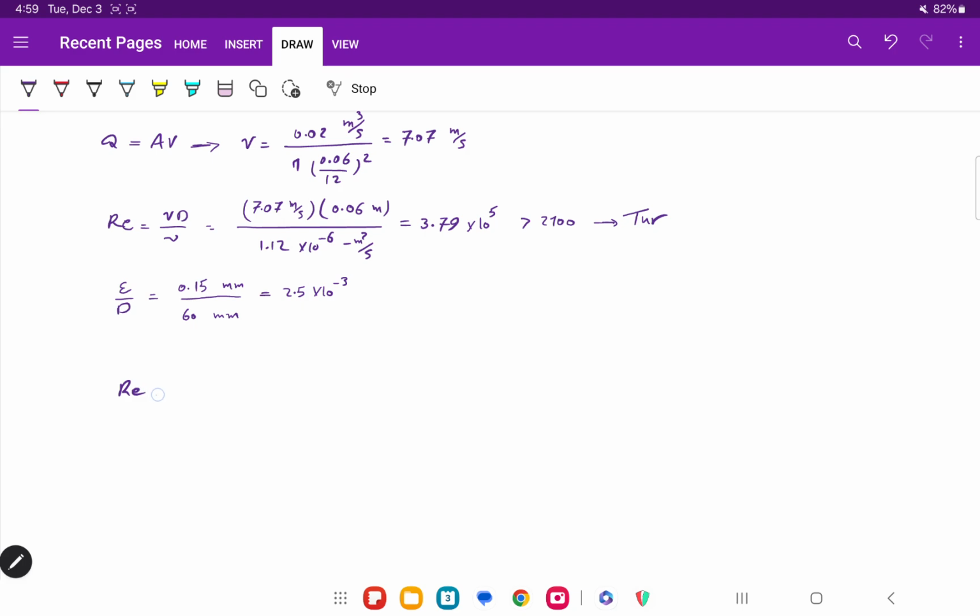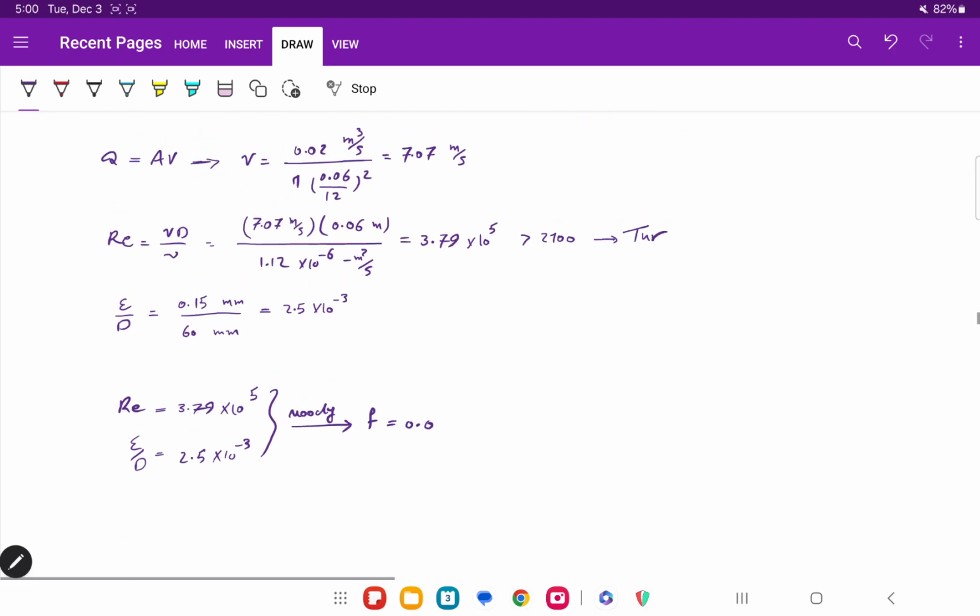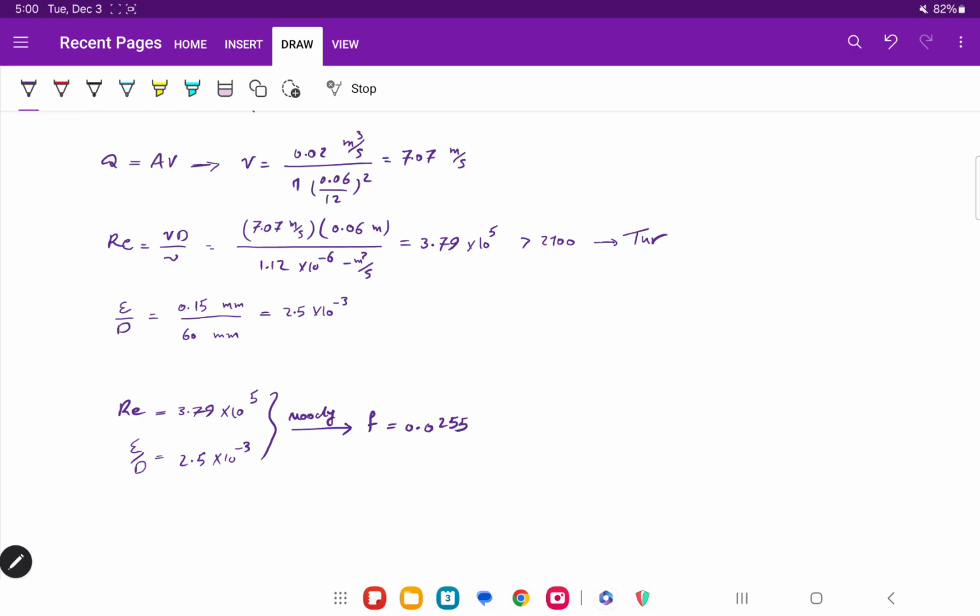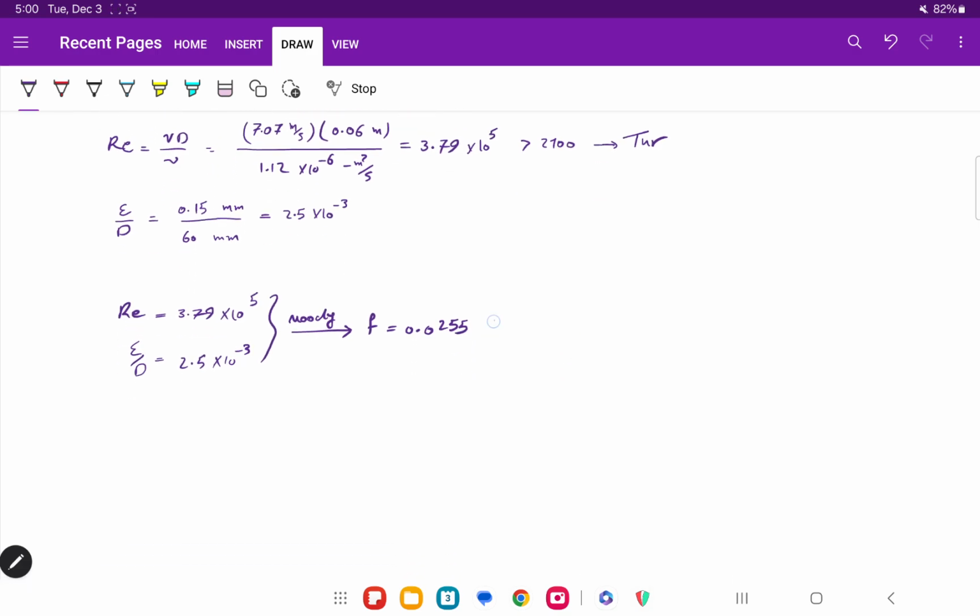By this Reynolds number 3.79 10 to the power 5 and epsilon over d equals 2.5 10 to the minus 3, from the Moody diagram we found that f should be 0.0255, which is much smaller than 0.0324.